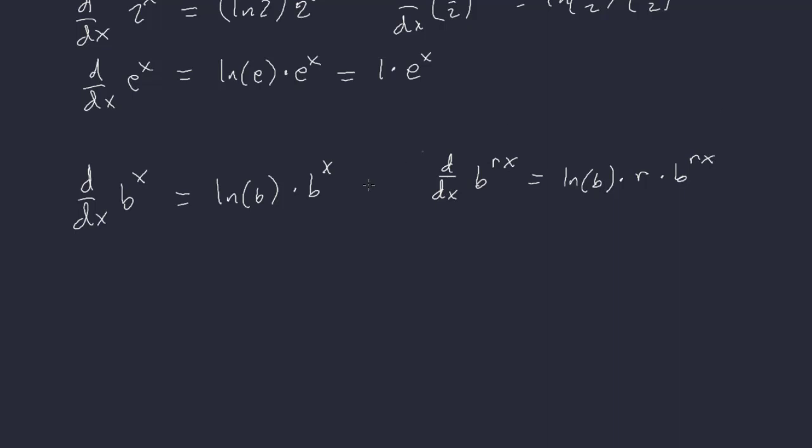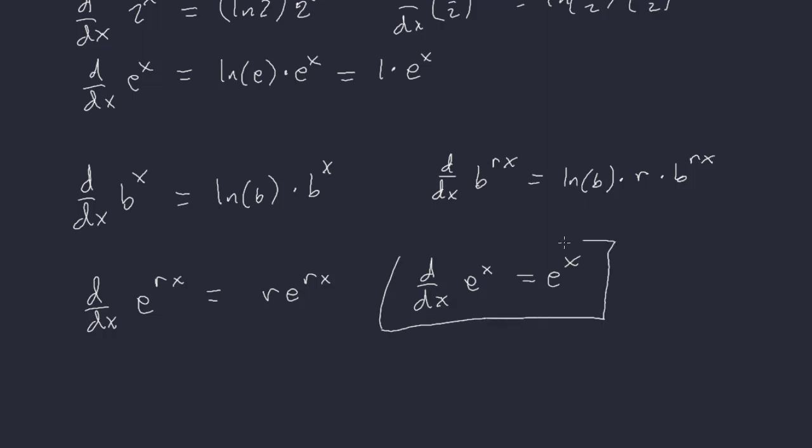We just sort of combine everything. But the one you'll see most commonly is basically with e. E to the rx is r e to the rx. And specifically, the derivative of e to the x is itself, and that is the one function that has this property.